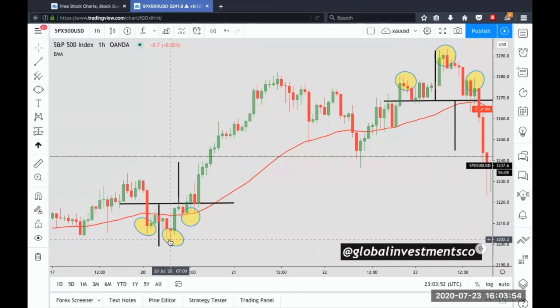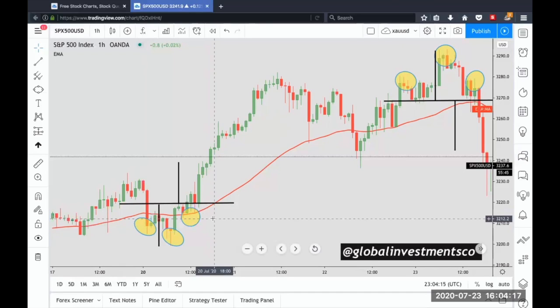We always like to wait for that right shoulder to be made and then breached to the upside and then held, and that's going to give us confirmation to be able to get into a buy opportunity on this pair. So without the actual breach and hold, you really don't have confirmation until then.